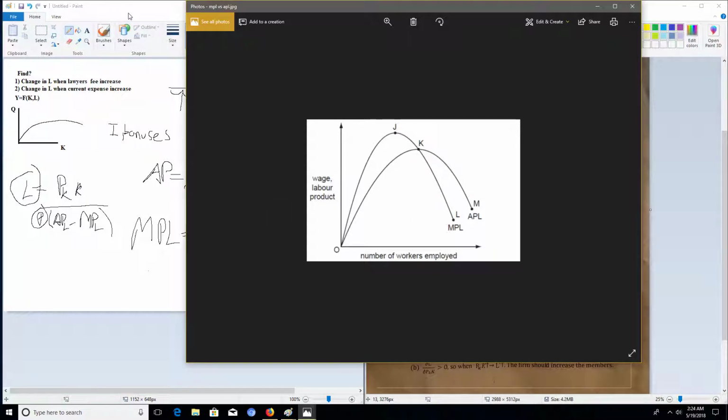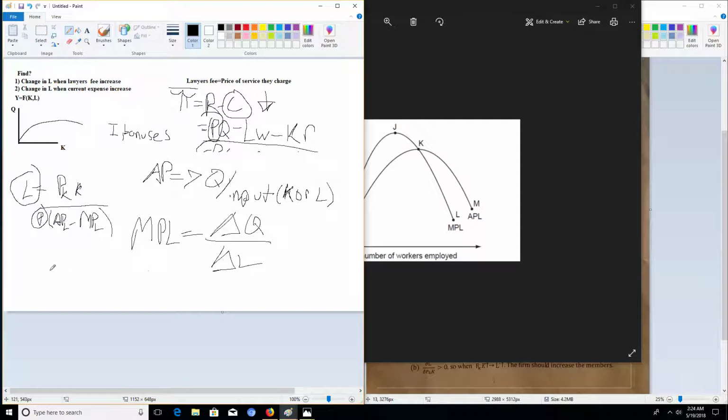Let's say we have L1, L2, right? Labor 1 and labor 2. Labor 2 signifies an additional unit of labor, right? A new person has been added to the workforce.